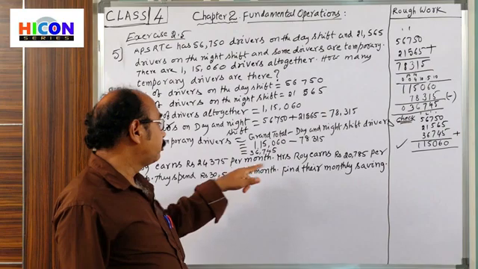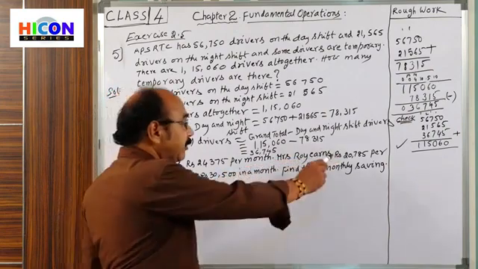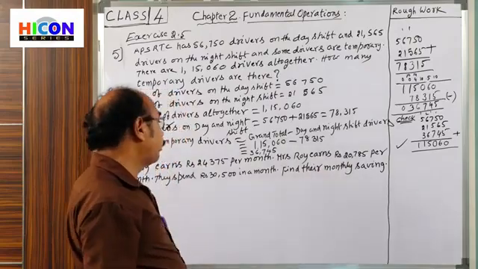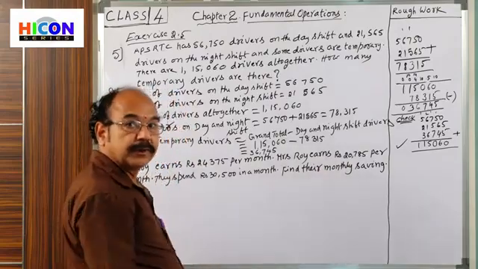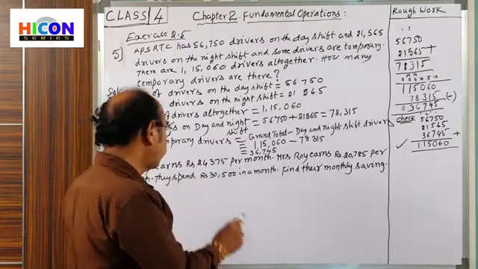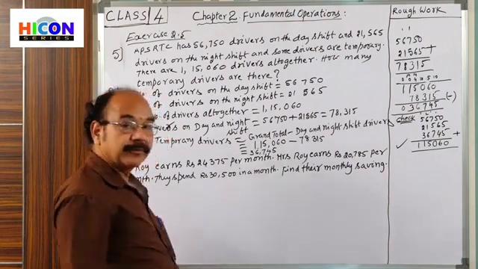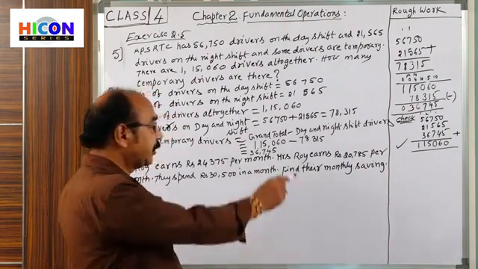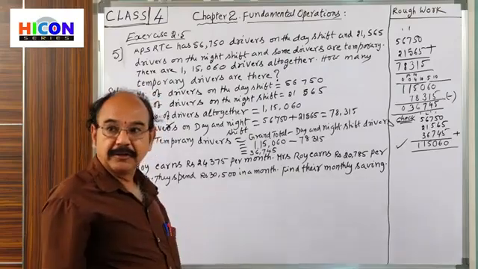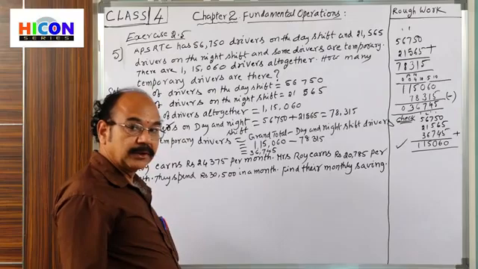Mrs. Roy earns 20,785 per month. They spend 30,500 in a month. Find their monthly saving. Okay, children.